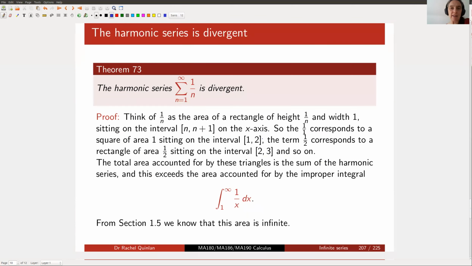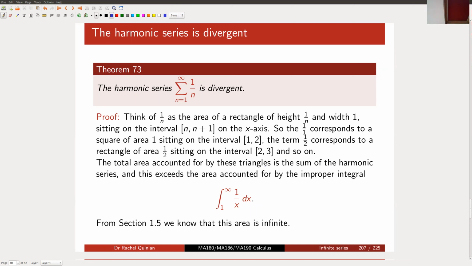I claim that we have all the machinery that we need to see this. This is a link between our current topics and what we talked about in chapter 1, back when we were talking about integration. We can recall something from section 1.5 in particular to see that the harmonic series is divergent.